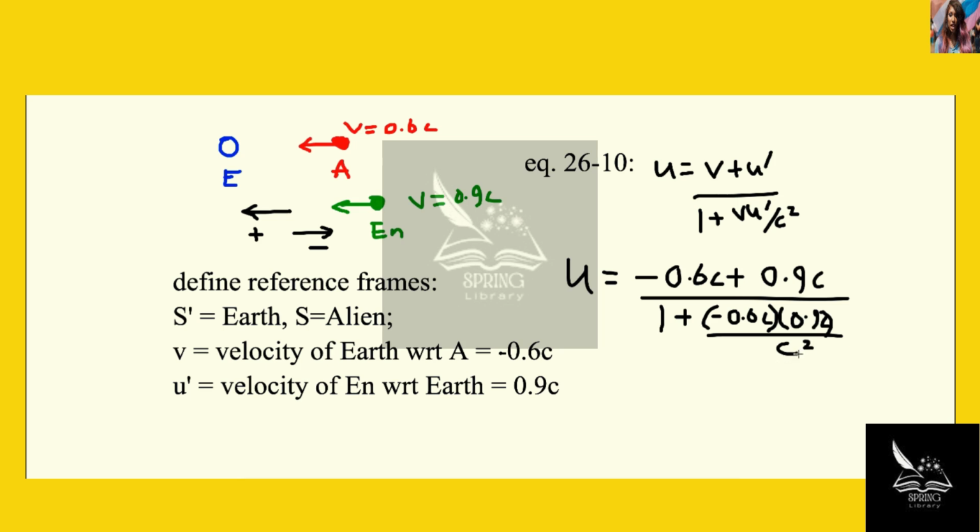The c squared factor goes away with this c squared factor, and what we're left with is 0.3 c over 0.46. That gives you 0.652 times the speed of light. So this is the velocity that the Enterprise has with respect to the alien spacecraft. And that's it.